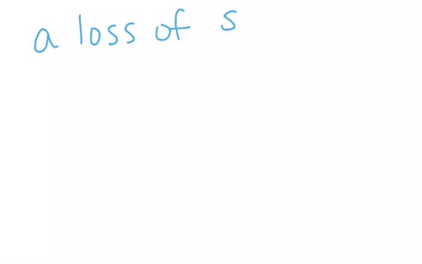Now, when you are looking at some other problems on an upcoming worksheet, you're going to be asked to represent a phrase with an integer. You're going to be given a phrase such as a loss of $10.